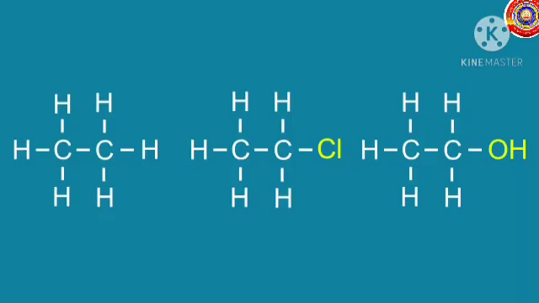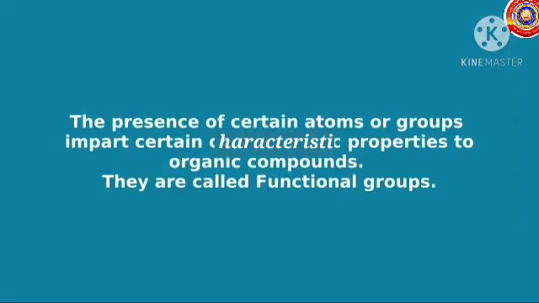Carbon and hydrogen are not the only elements present in organic compounds. There are other atoms and groups of atoms present in the place of hydrogen atoms in organic compounds. The presence of certain atoms or groups that impart certain characteristic properties to organic compounds are called functional groups.